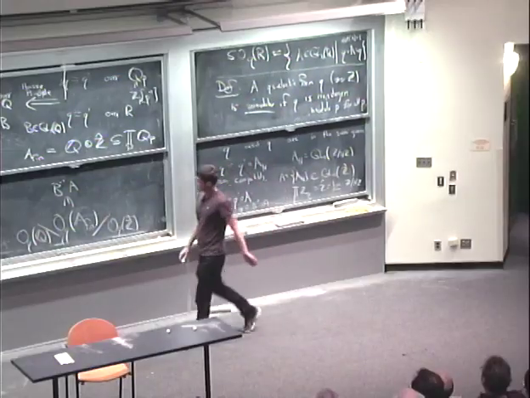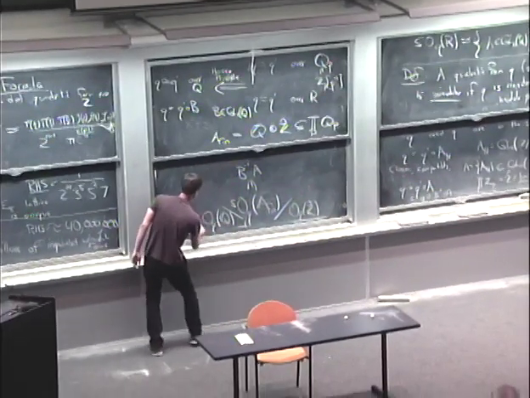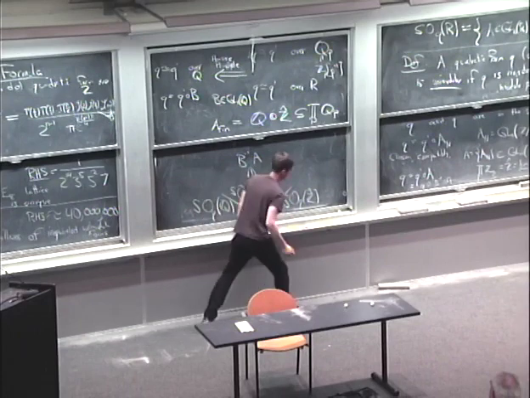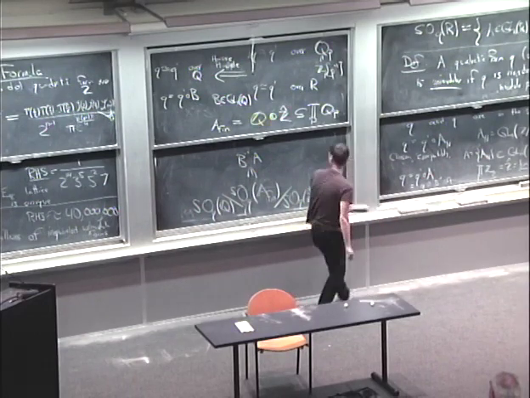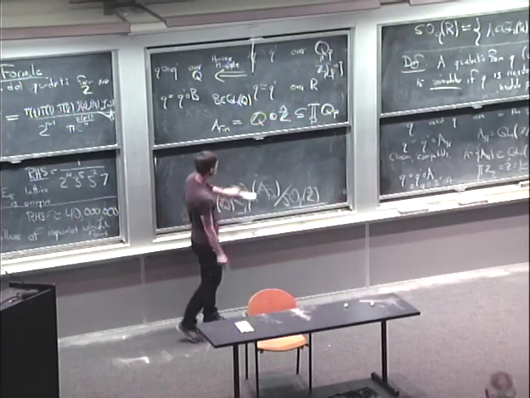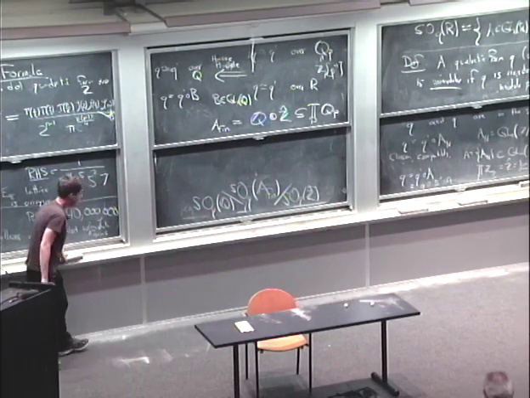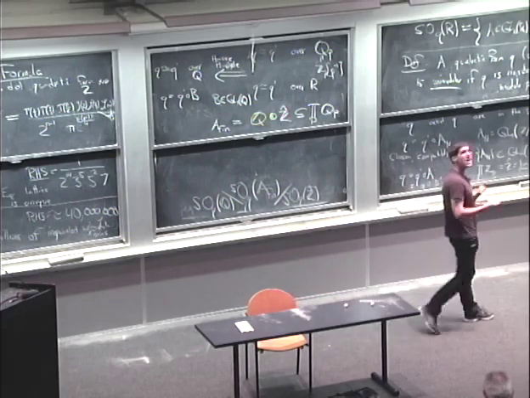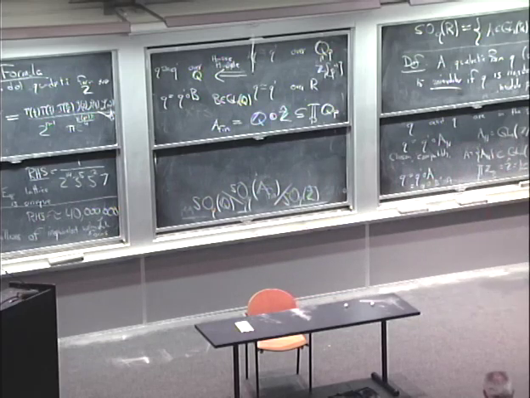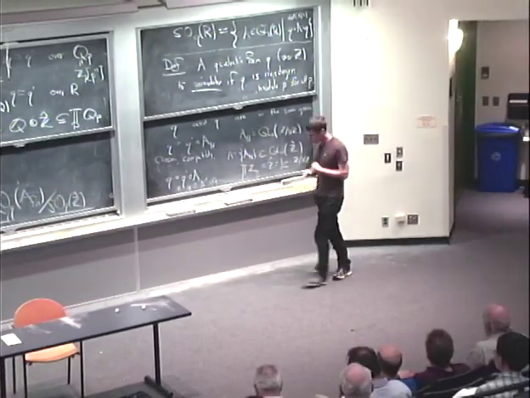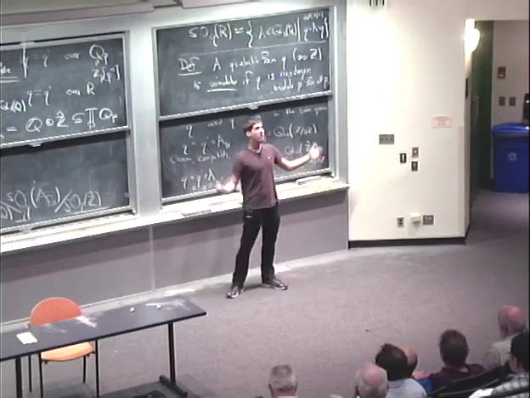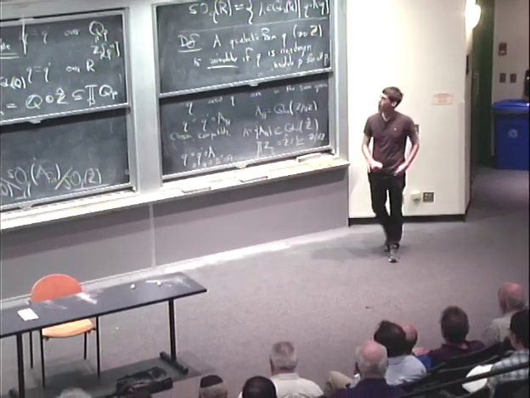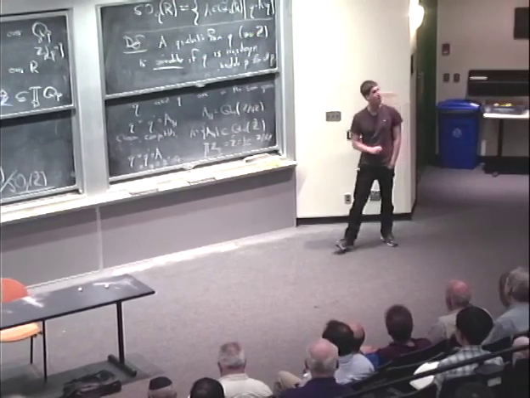So let me replace this collection of double cosets by replacing the orthogonal group by the special orthogonal group everywhere. So that's not the same set. It's not the same counting problem, but it's not far off. At the end of the day, this replacement is going to end up modifying what we've done by an overall factor of a power of 2. So let's try and figure out how many cosets there are here.